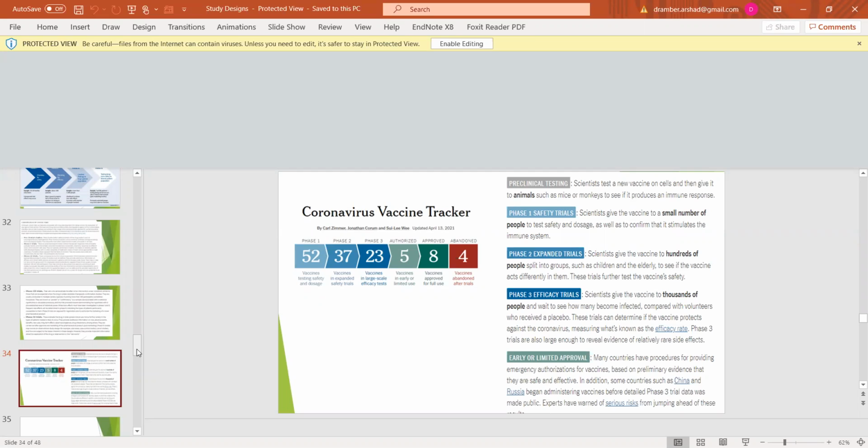In phase 2, hundreds of people were given it to see if the vaccine worked differently in them, so the efficacy was tested. And in phase 3 trials, thousands of people were given it to see the effectiveness of the drug, and a randomized controlled trial was done for it.